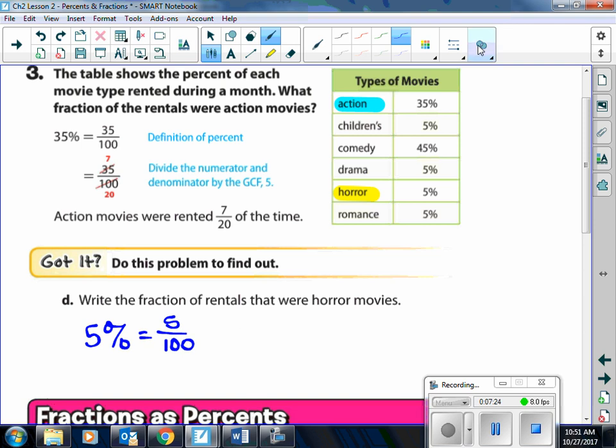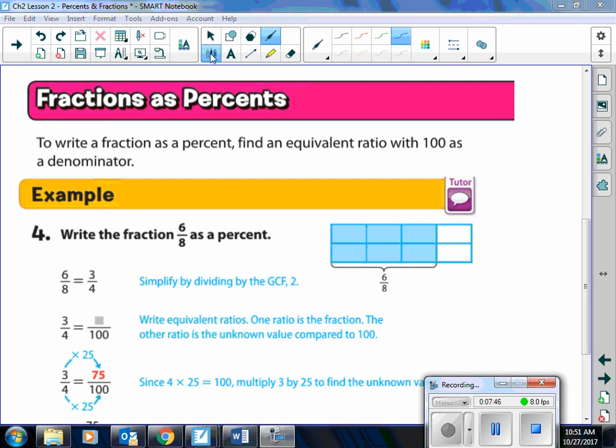And then I can simplify. So I'll divide by 5 in the numerator and the denominator. Very good. And we end up with 1/20. Very good. So 1/20 of all of the movies rented in that month were horror movies.